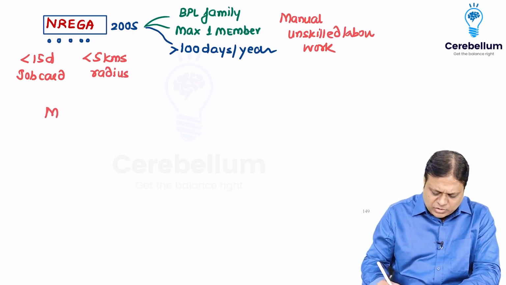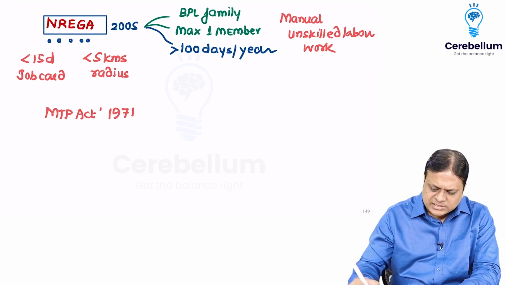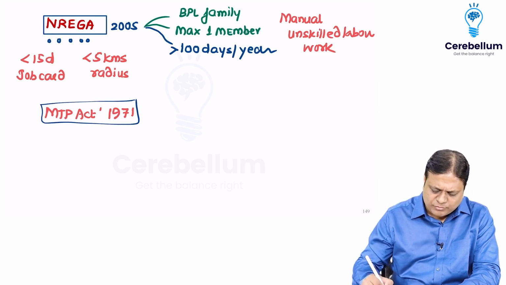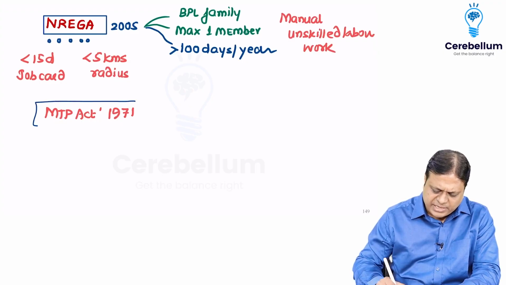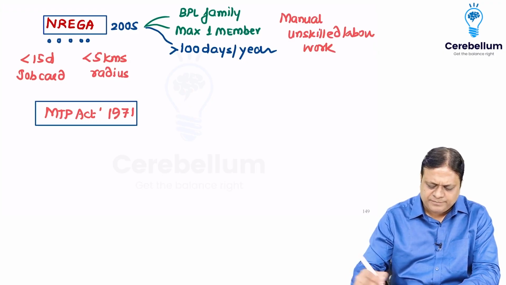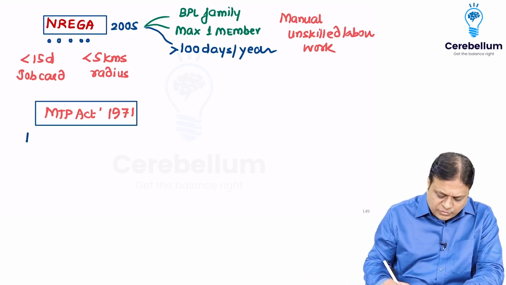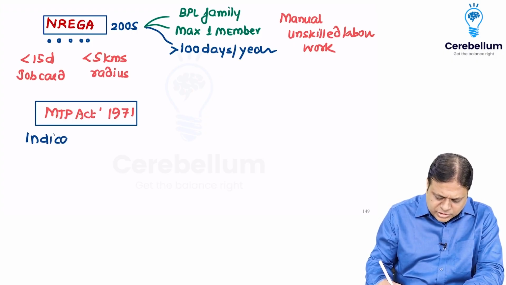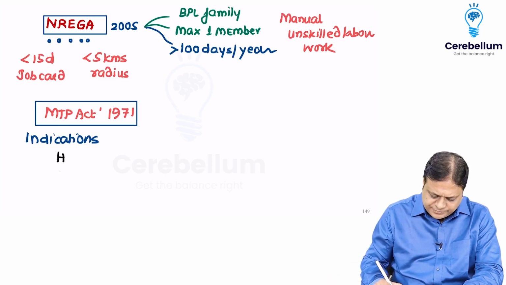The Medical Termination of Pregnancy Act 1971 has undergone a lot of modifications, including recently. So when we look at this MTP Act in its current format, medical termination of pregnancy is allowed for 4 indications, and these indications are heads.